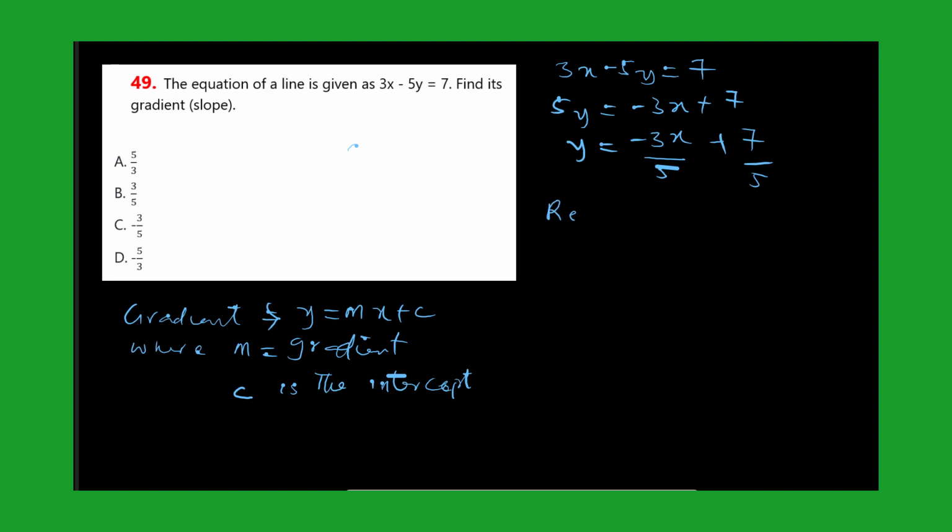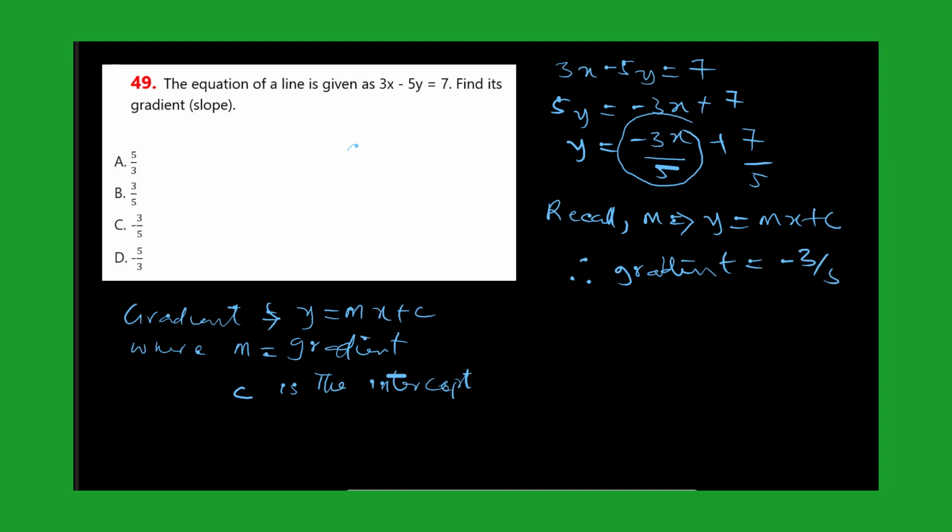Recall m equals the coefficient of x, so this relates to our gradient. Therefore, gradient equals 3 over 5. Option C.